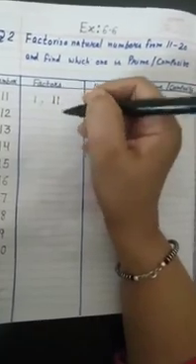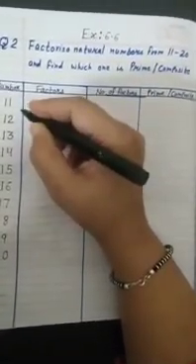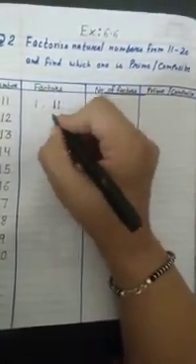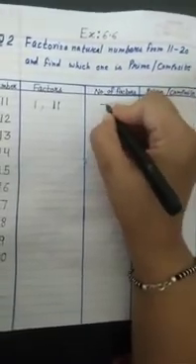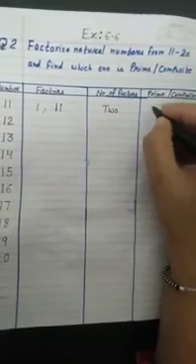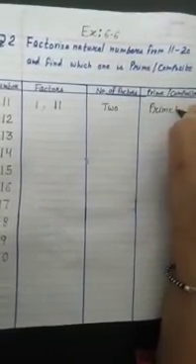Now here no other number is there on which table 11 is divisible or 11 can come. So how many factors do we have here? Only 2. So when we have only 2 factors, the number will be a prime number. So here the first number is our prime number.